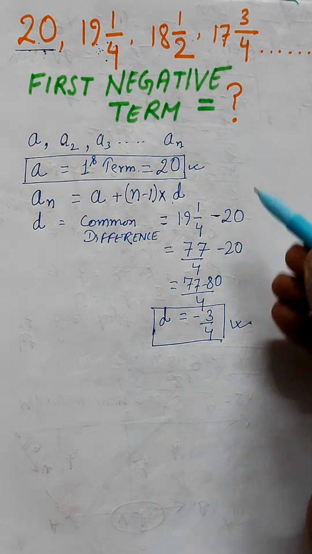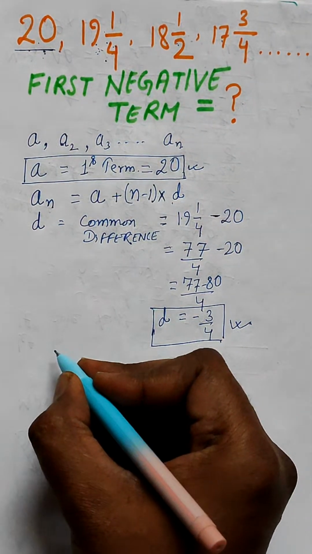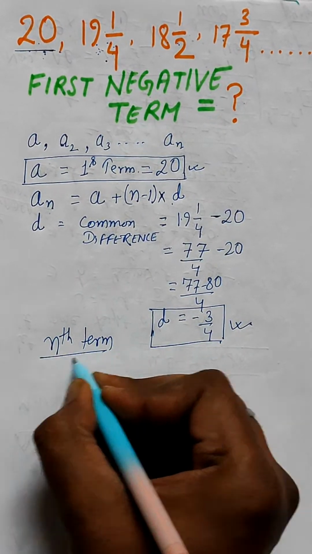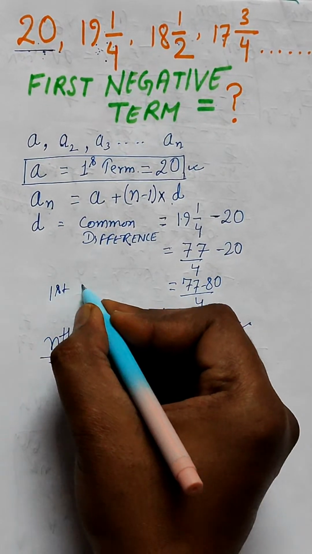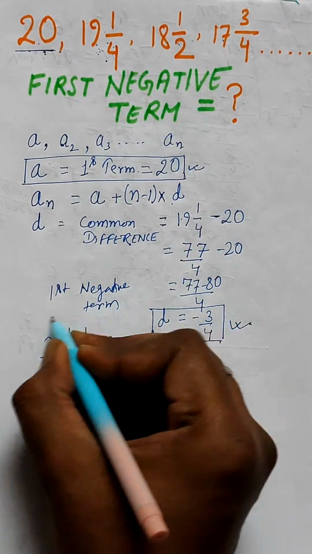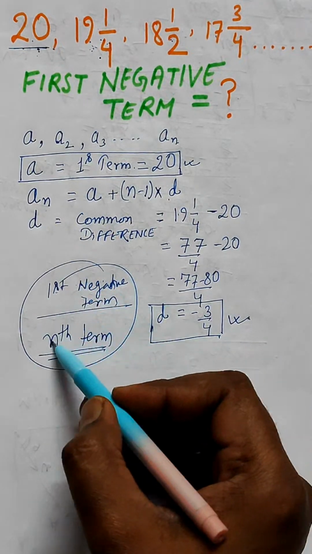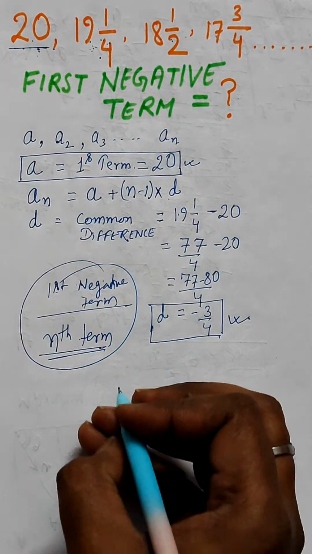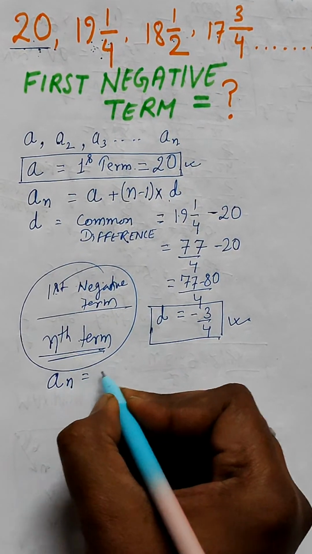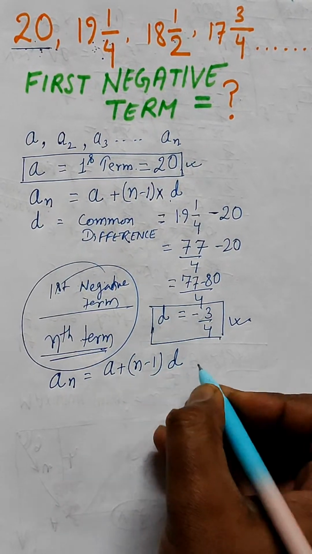Now we need to calculate the first negative term. So let the nth term be the first negative term. Let us assume it. That is, the first negative term is the nth term. And we know by the formula of the nth term of AP, an is equal to a plus n minus 1 into d, right?